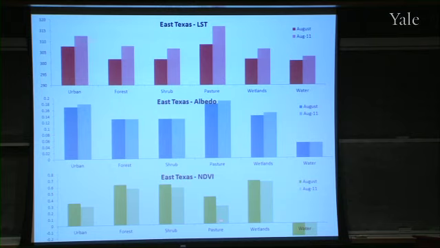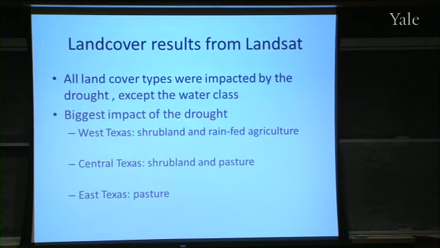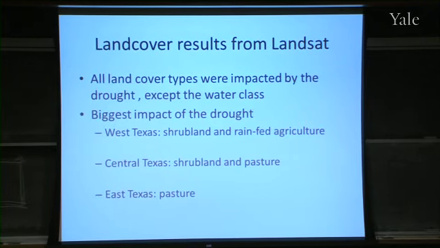You see it there in the NDVI, and you see it there in the LST. That's heated up more than these other areas. Something about pasture land with its shallow-rooted grasses makes it respond more strongly to the climate change that year.